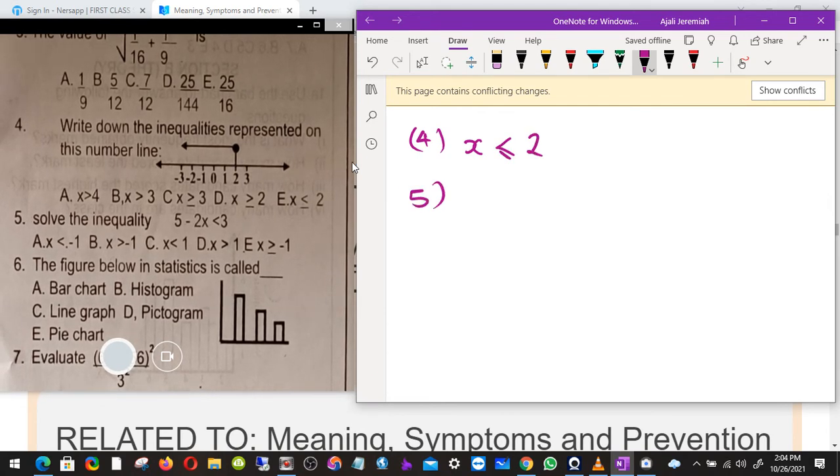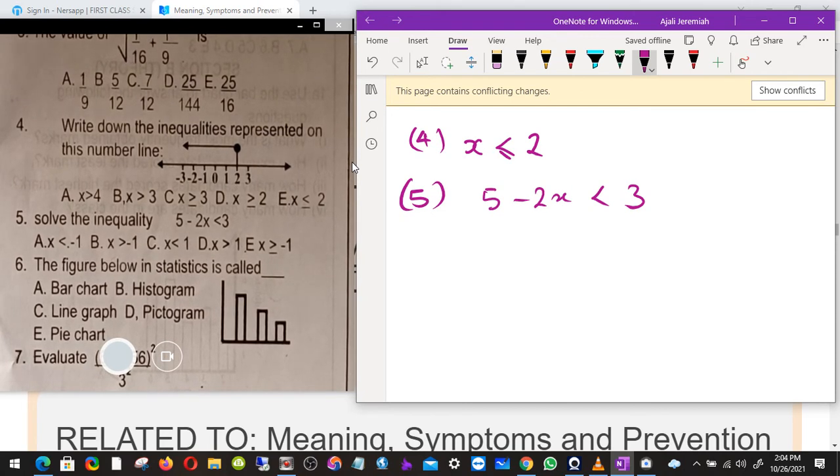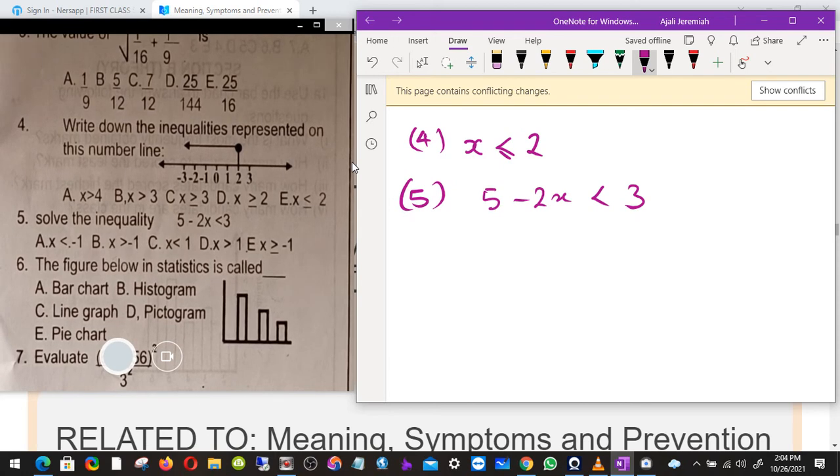Number 5. Solve the inequality. 5 minus 2x. Focus. Did you hear what I said?